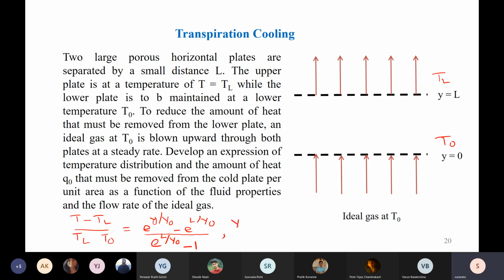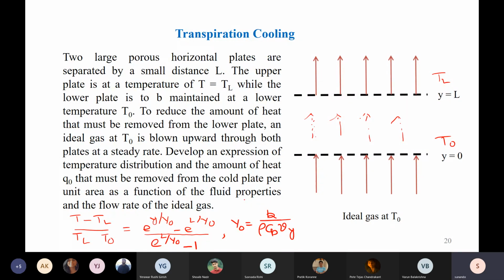And this y0 is equal to K by rho Cp Vy. Unlike the previous problem, you can see that Vy doesn't change with y. So whatever you have in here, the same flows through this and leaves. So it's a simpler problem as opposed to the previous problem where we used spherical coordinates.